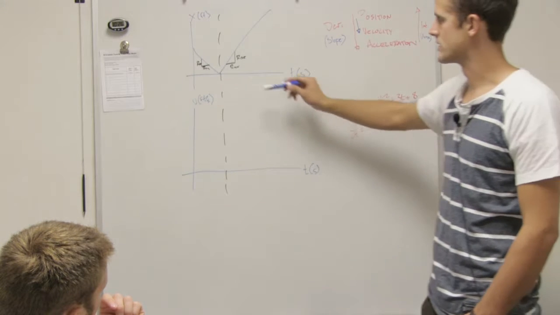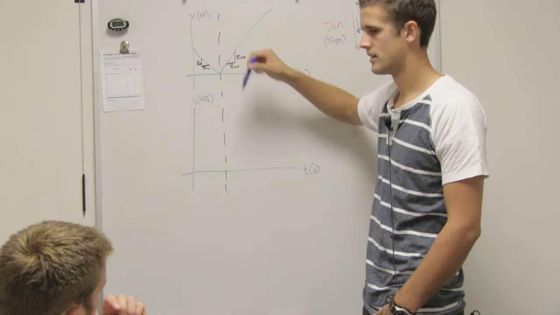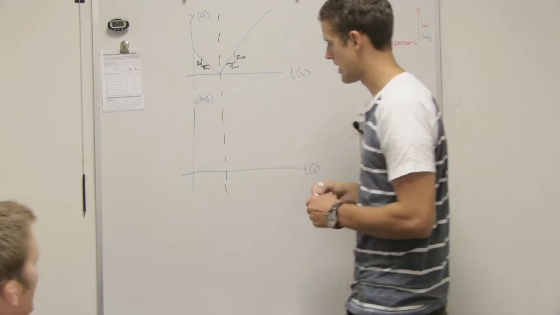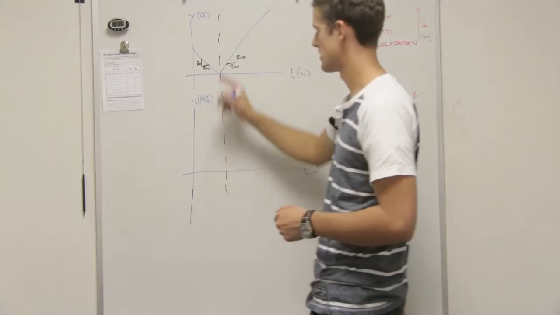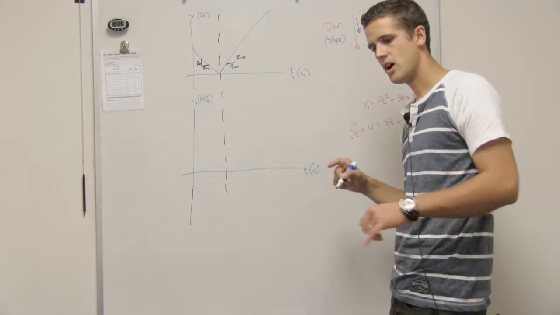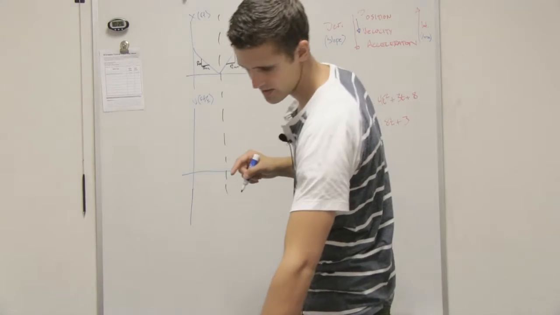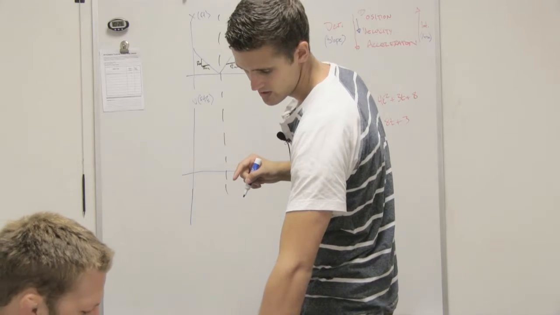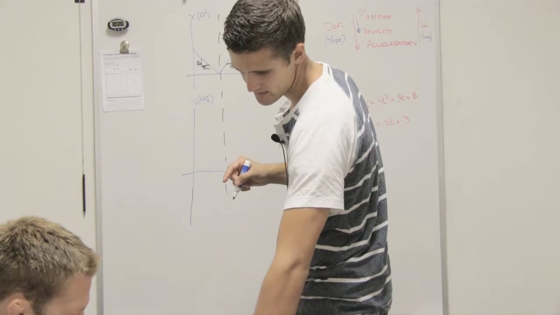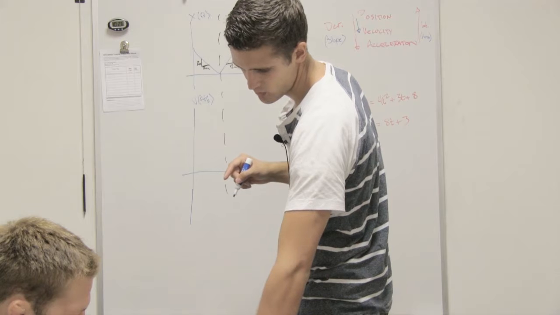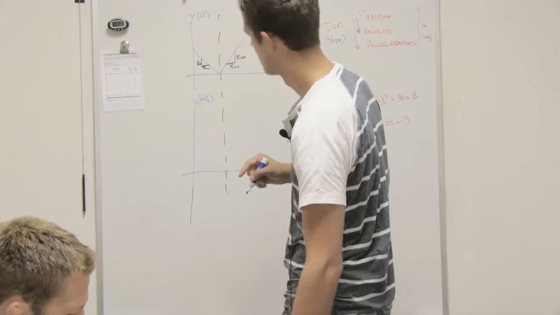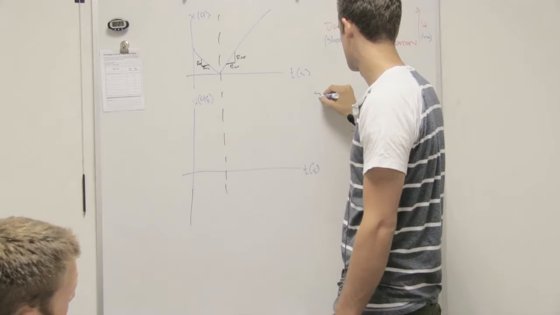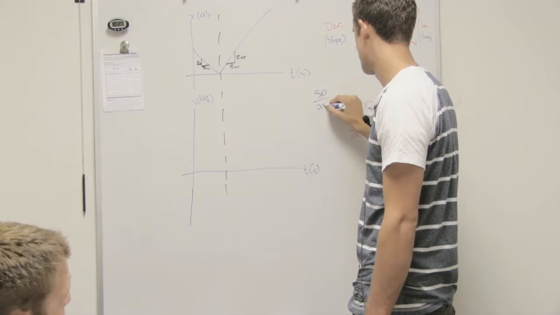So what kind of slope does this line right here have? Negative. Yeah, so you know your velocity, but you don't know exactly what the value will be because you don't have any numbers on this graph. On the one that you have here, you could find it pretty easily. Right here, it's 50. So if you went 50 meters backwards in half a second, that's 50 over 0.5.